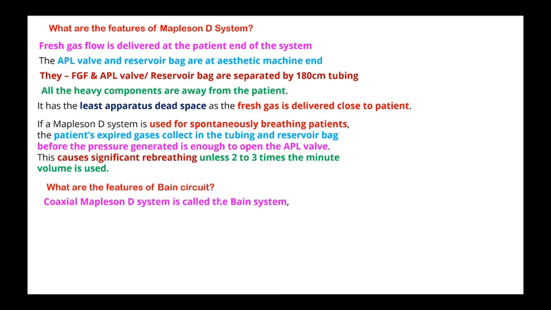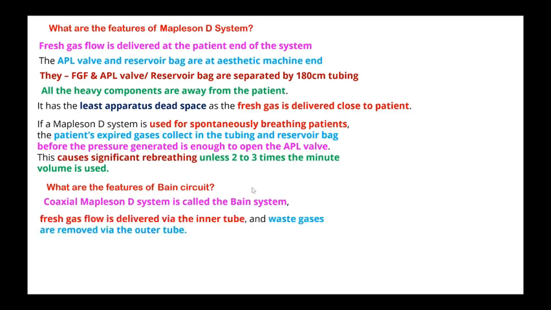So the Bain circuit is a commonly kept specimen or equipment in the viva examination. So you should know the details of that. The coaxial Mapleson D system is called the Bain system. Bain and Spoerel are the two persons who introduced this into clinical practice.